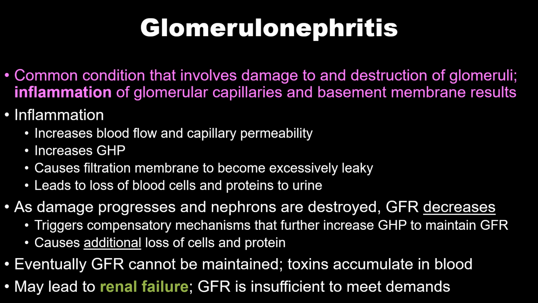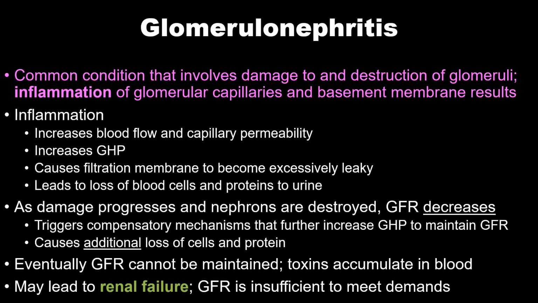And so if nephrons are further damaged or destroyed by this inflammation, the GFR decreases, and this triggers compensatory mechanisms that work to make up the difference in order to maintain that GFR. So this is going to make an additional loss of cells and proteins to urine.